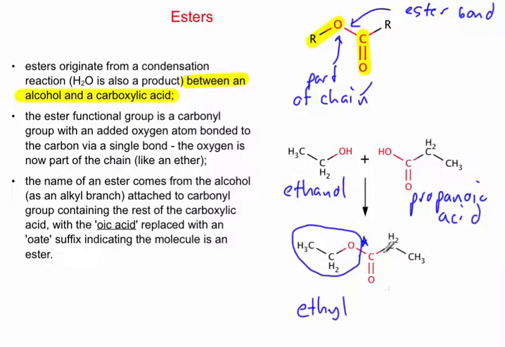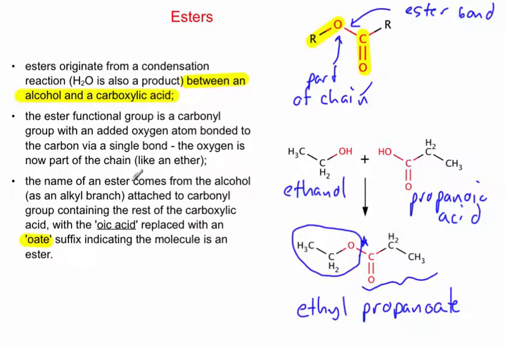So it's ethyl, and we take the carboxylic acid component, which is propanoic acid, and we take the oic acid off and we add the suffix -ate. So instead of propanoic acid, it becomes propanoate. And there is a space here. This is one of the few times you have a space between what otherwise looks like a branch in a root name. So ethyl propanoate originates from ethanol, the ethyl component, and propanoic acid, the propanoate.